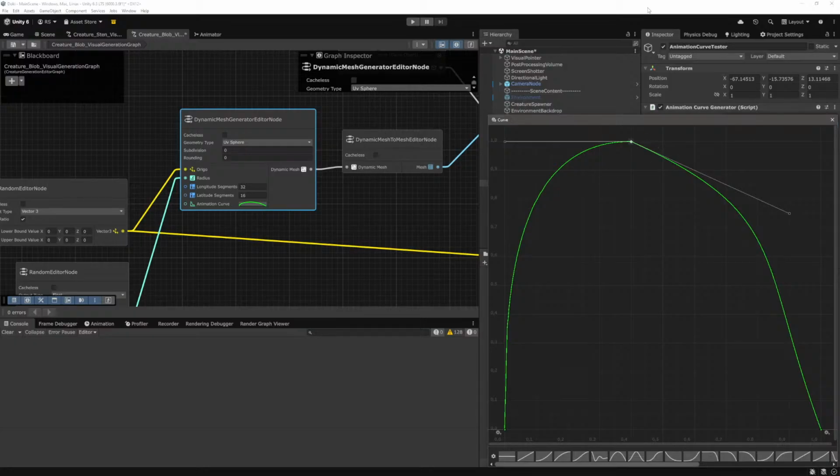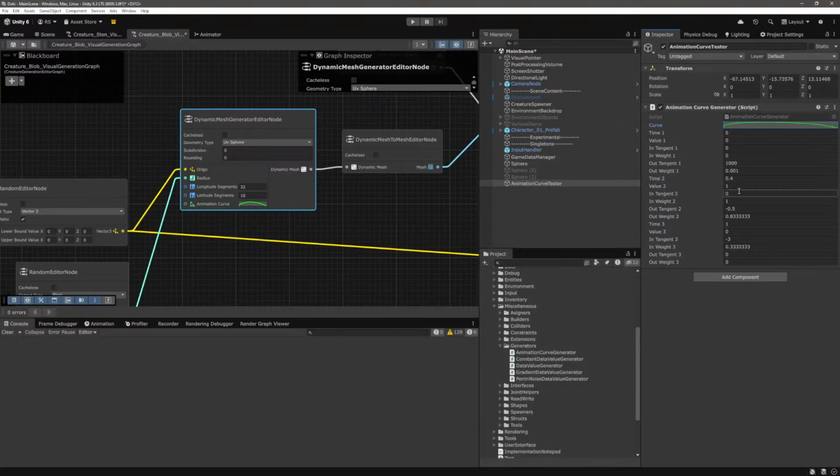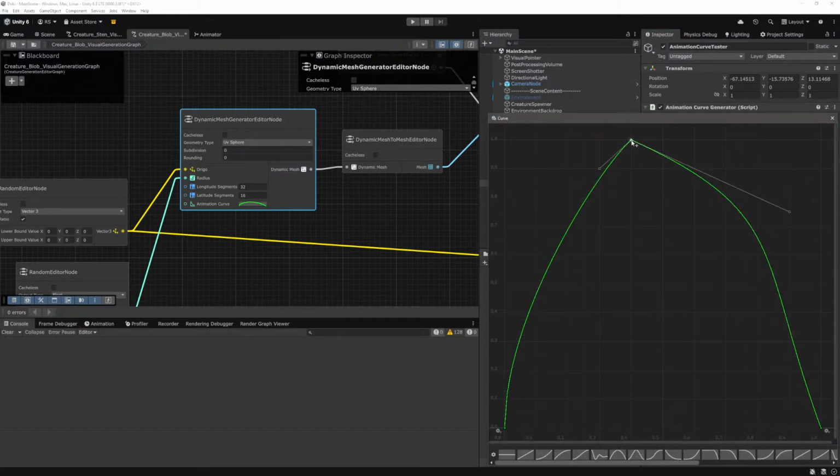So that would be in tangent 1, in weight 0.25. Yes. Okay.